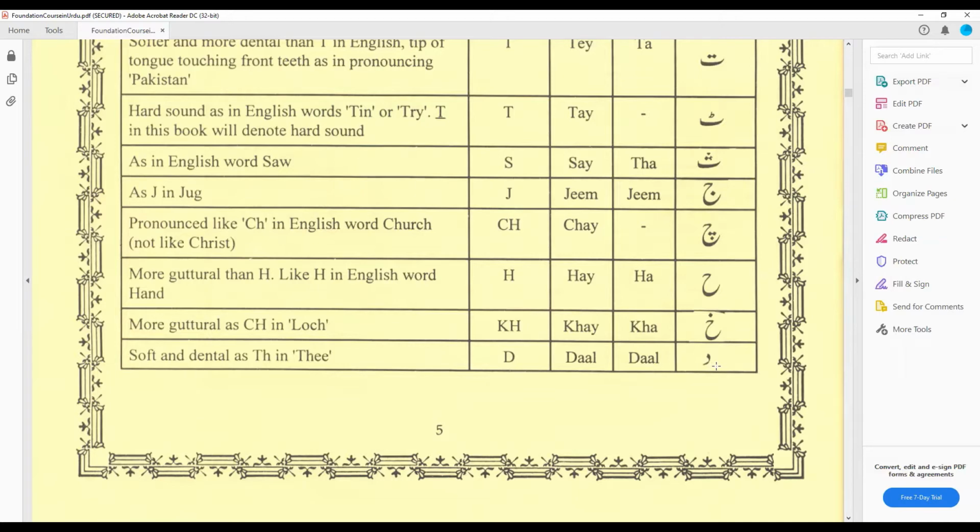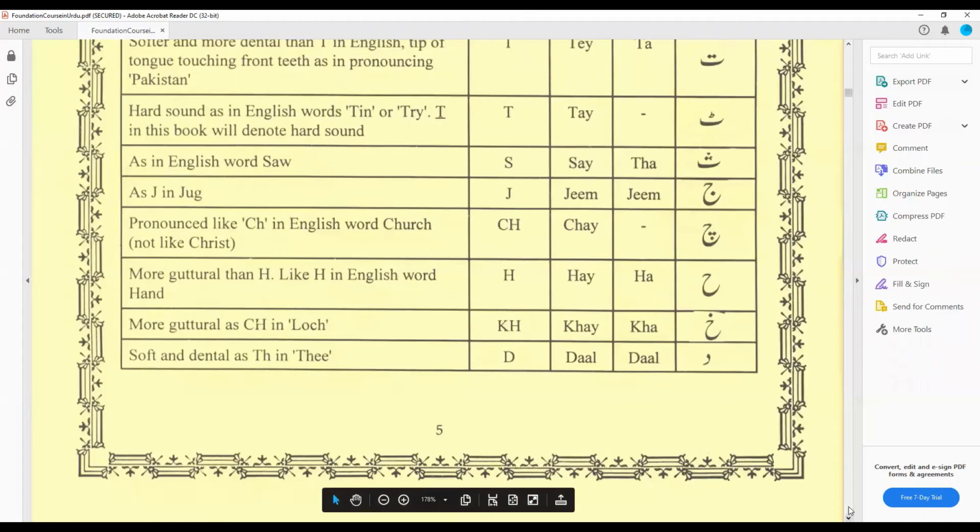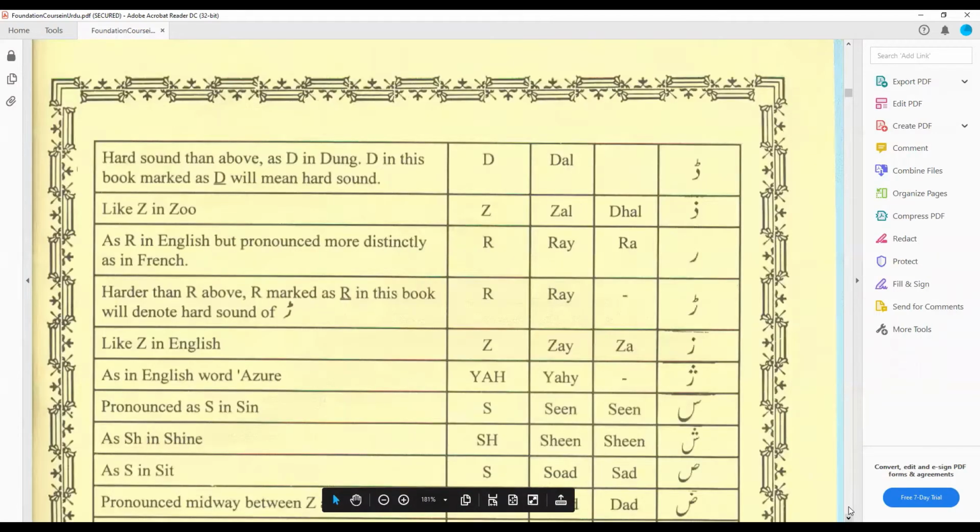It's vegetarian. If you make it, it's like a dal soup, vegetarian soup type. So you can relate the letter to the word dal. This dal has a cap over it.